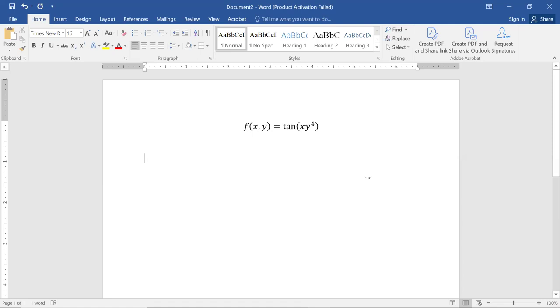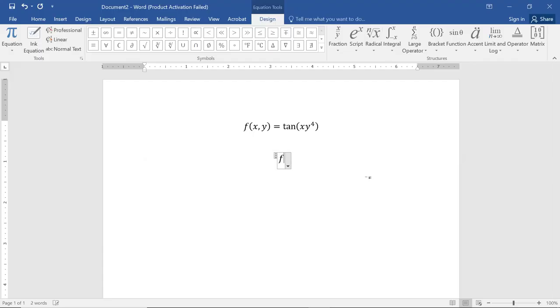Because this is a tangent, I have to remember that the derivative of tangent is secant squared. Now I have an x inside the argument of tangent. So when I take the derivative with respect to x, I'm going to get secant squared of xy to the fourth. So secant squared of the argument.